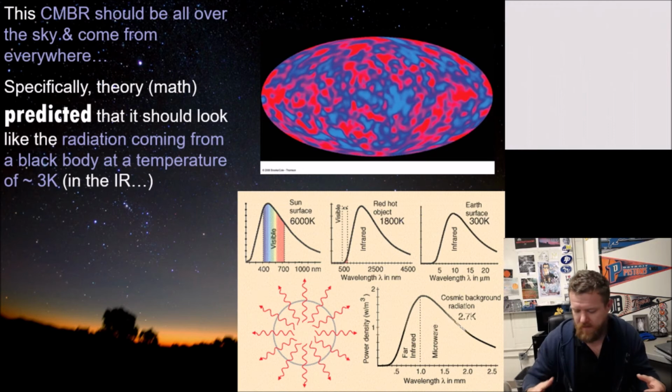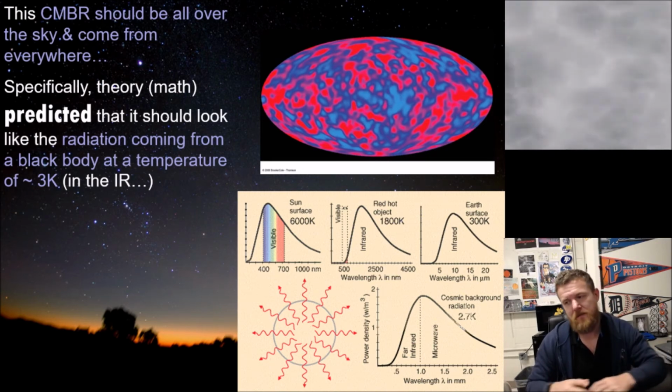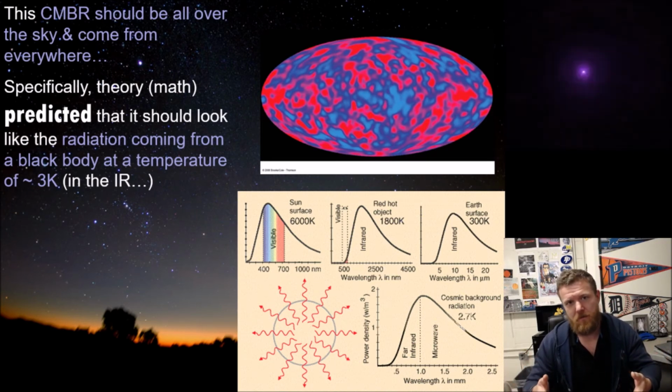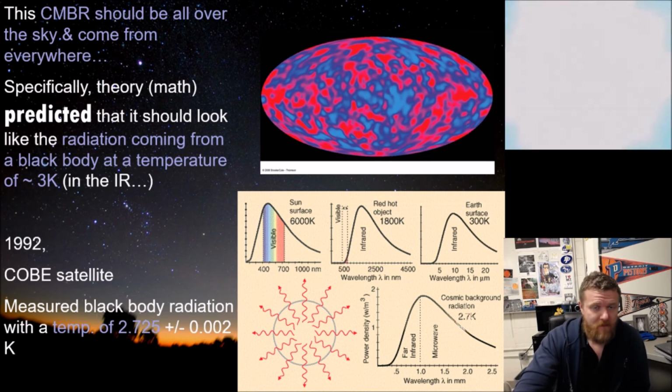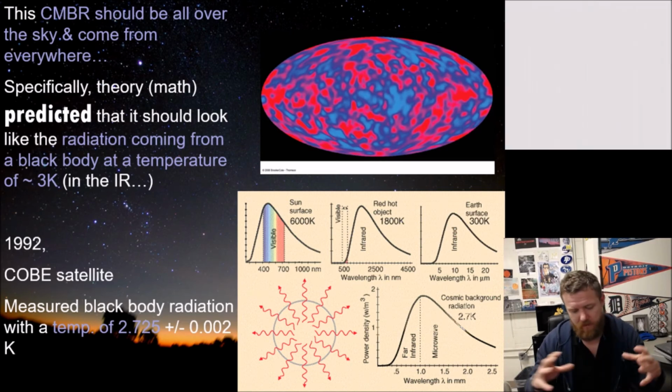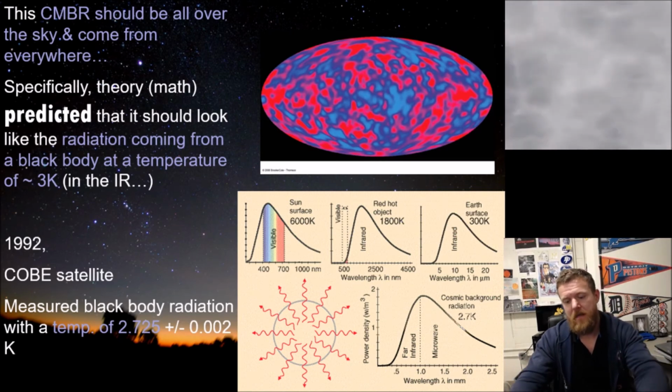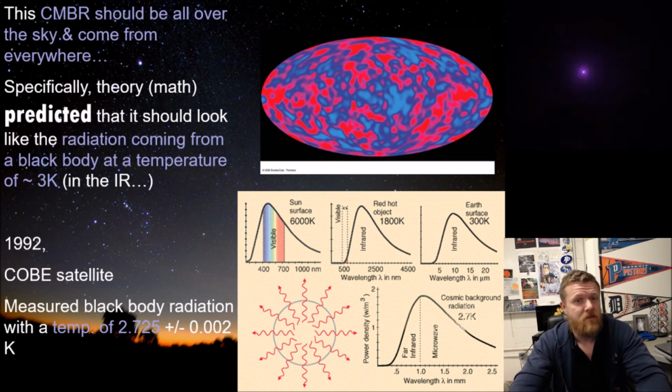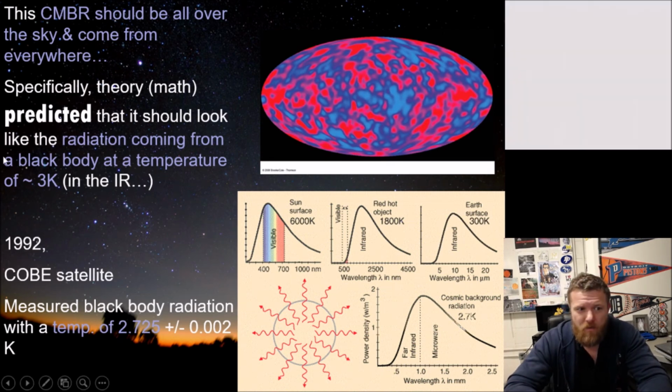So there should be some temperature up in space that all of space is that temperature. And in 1992, the COBE satellite measured the temperature of space to be 2.75. That black body radiation that was coming from everywhere has a temperature of 2.75 degrees. Pretty darn close to what the mathematicians came up with.